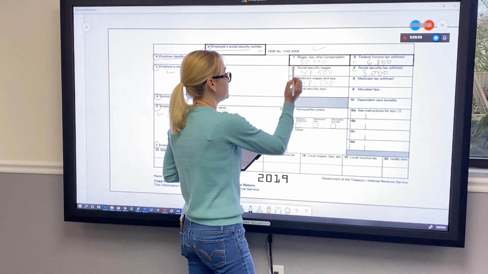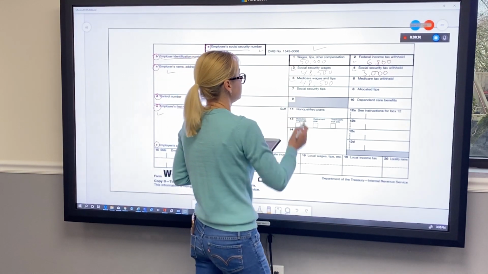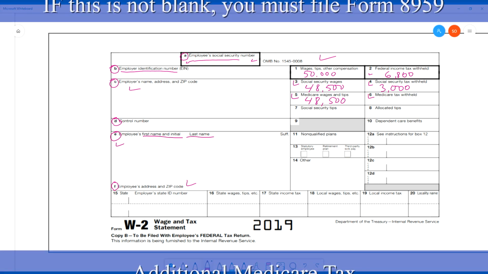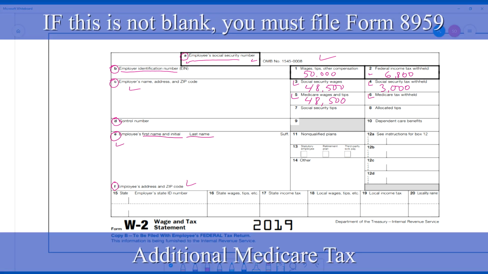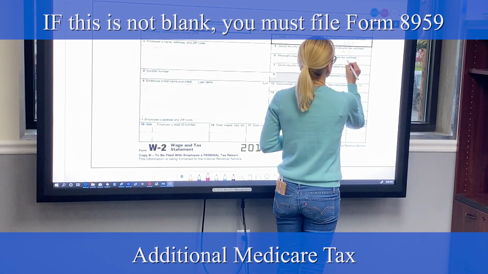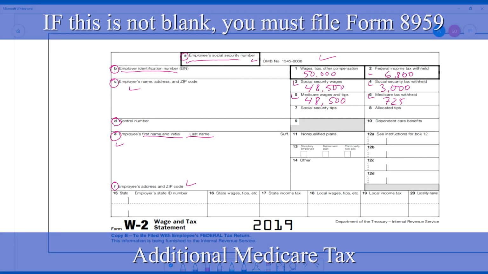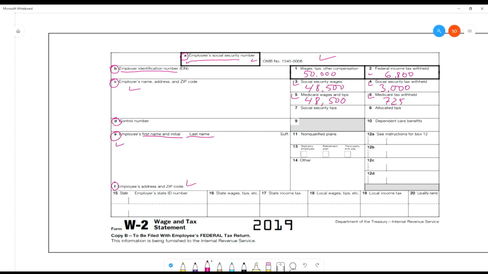Could be different than box 1 and 3. Box number 6 shows your amount of Medicare taxes withheld for the year. Like Social Security taxes, Medicare taxes are figured based on flat rates.